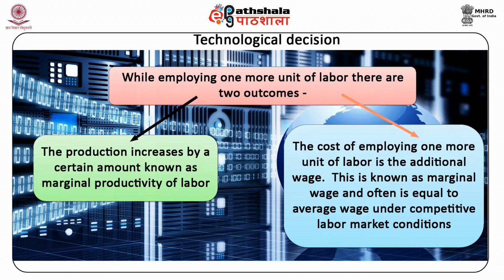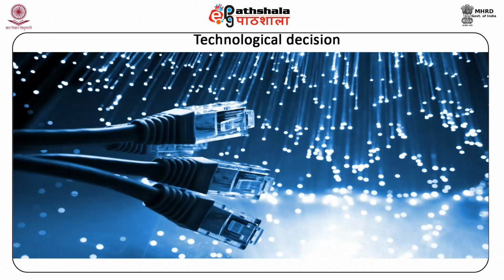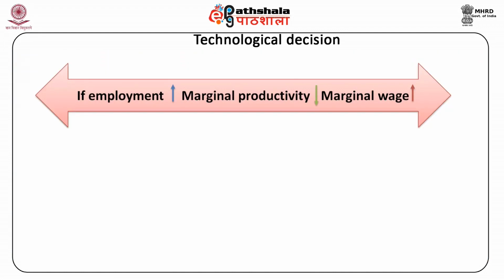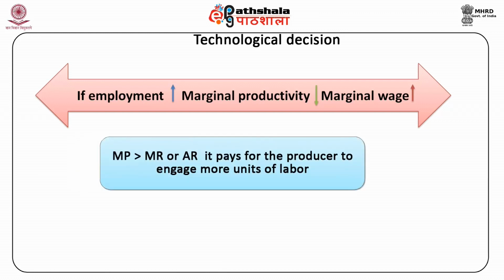This is known as marginal wage and is often equal to average wage under competitive labor market conditions. If employment increases, the marginal productivity falls, and usually the marginal wage rises. As long as the marginal productivity is greater than marginal or average wage, it pays for the producer to engage more units of labor.